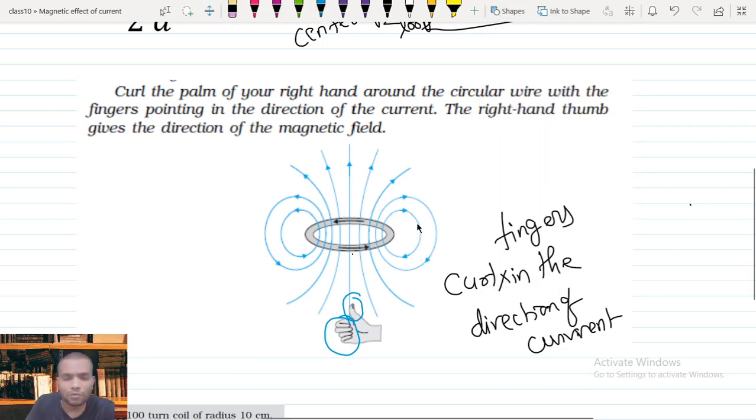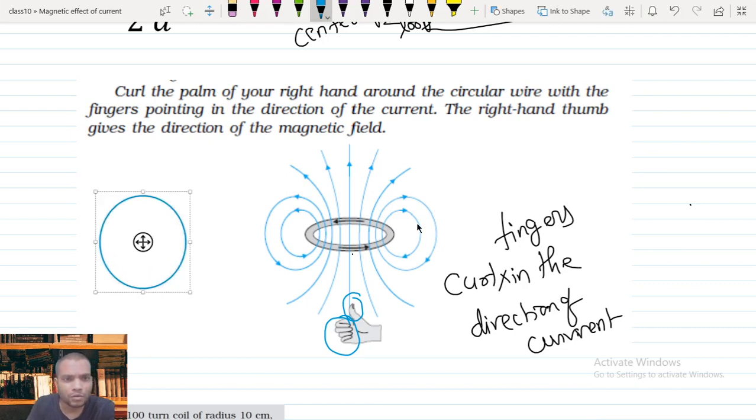Or we have one more loop rule. Suppose I take a loop in which the current is flowing in the counterclockwise direction.